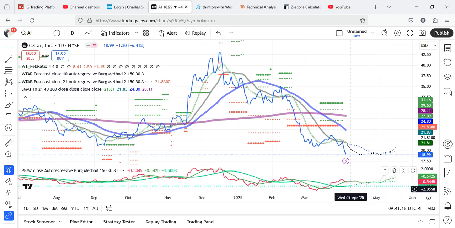It's indicating that strength will pick up. This is exactly from here, there's a correlation there.